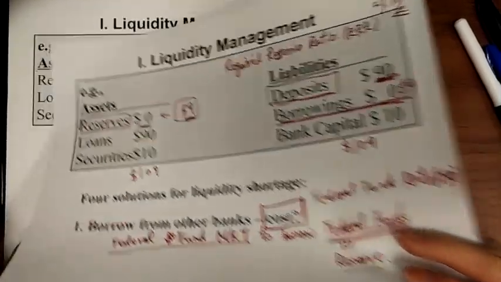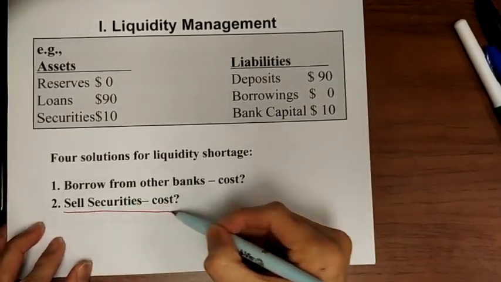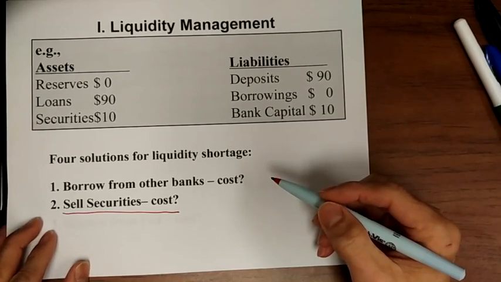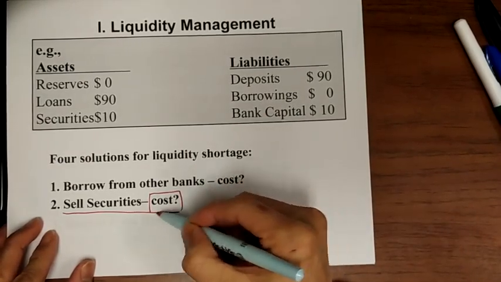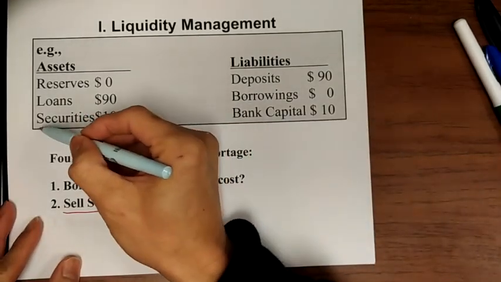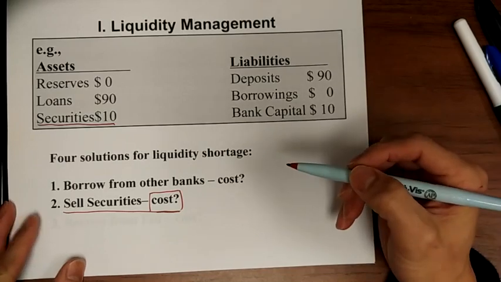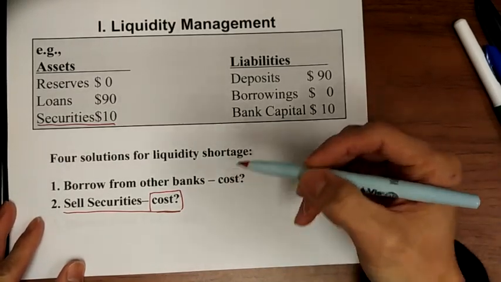The second solution to this liquidity shortage problem is to sell securities. But what is the cost? The cost is if you have to sell your securities. If you have to sell something, you will have to sacrifice the selling price.